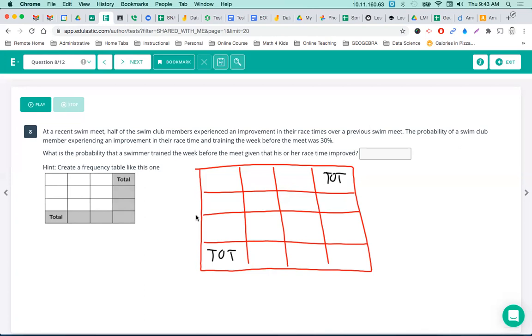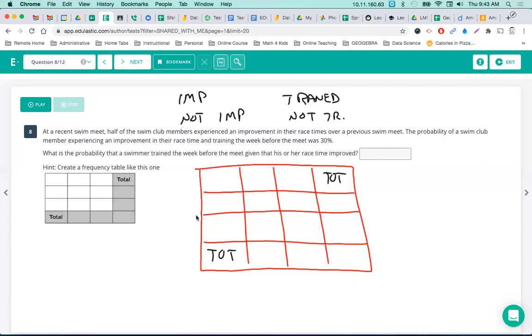So there's basically two things happening. Did they improve or not improve? And the other thing was, what's the probability of someone trained the week before or not trained?